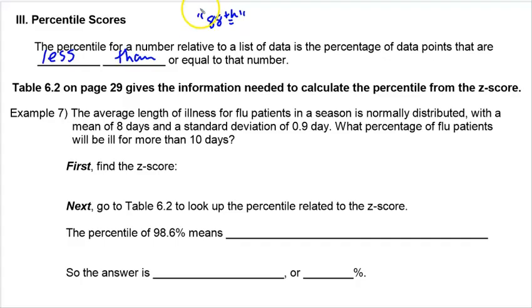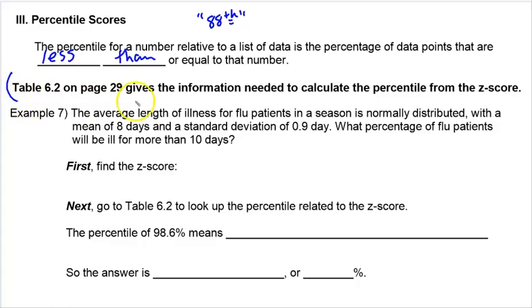Relative to everybody else that took that same test, you scored better than 88% of everybody else. In other words, 88% fell below you in their score. So that's what percentiles are all about.